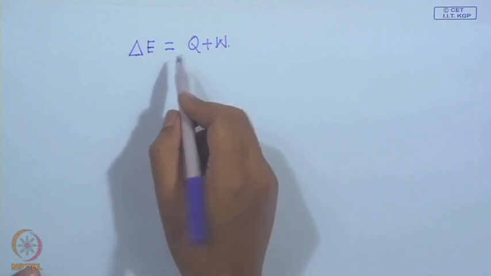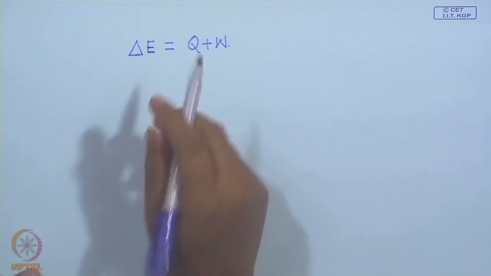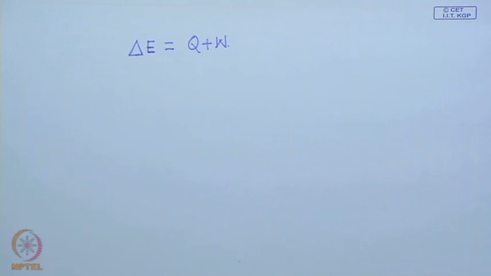Now, the internal energy, as already mentioned, is a state variable, that is, it depends only on the initial and final state of the system, irrespective of the process or path through which this change is taking place.